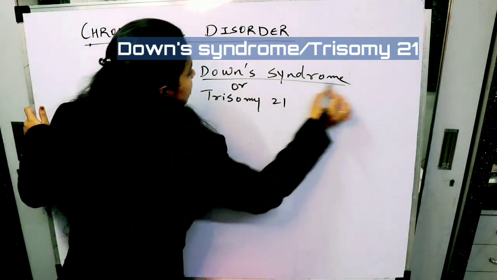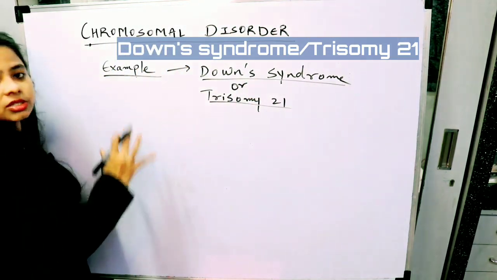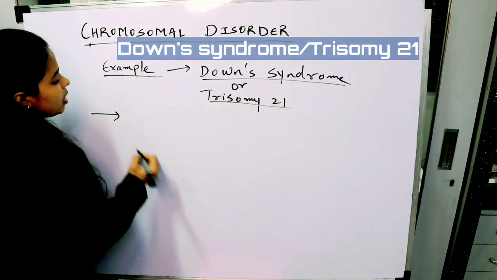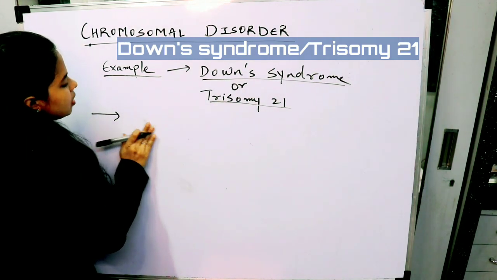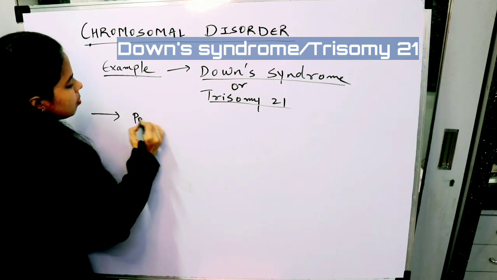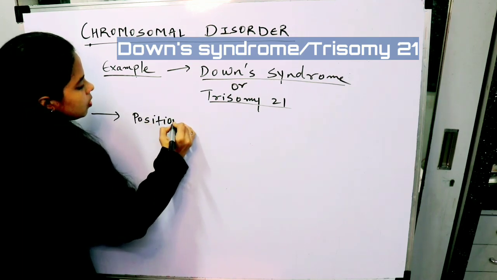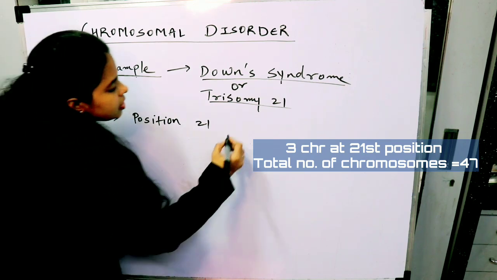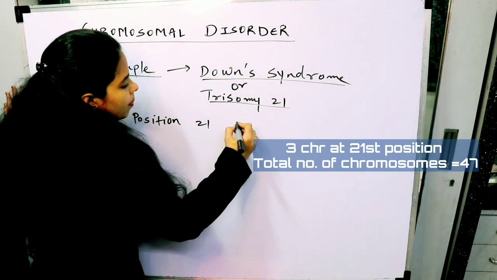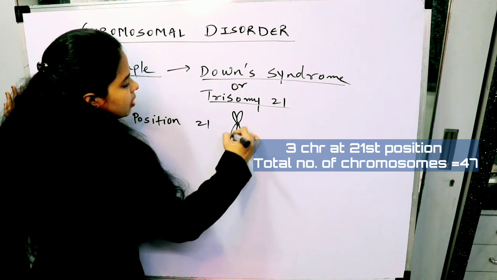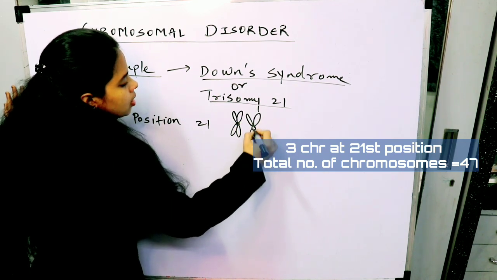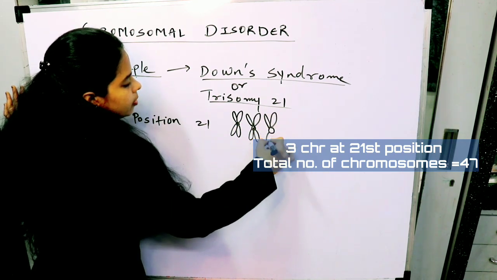Okay, so let's check this first disorder, which is a chromosomal disorder. Now here, along with the pair of chromosomes, for example this is position number 21. On the 21st position there is a pair of chromosomes, right? If this is a pair of chromosomes, there is one more chromosome here.